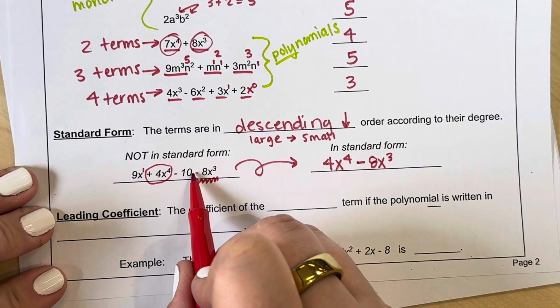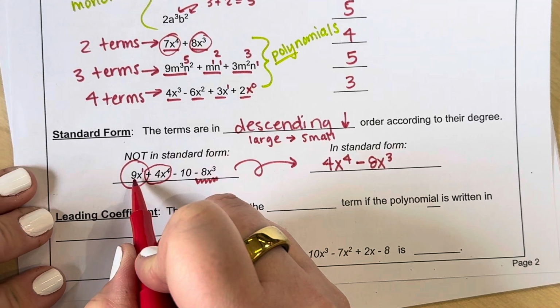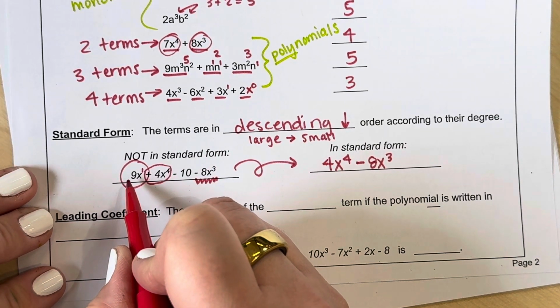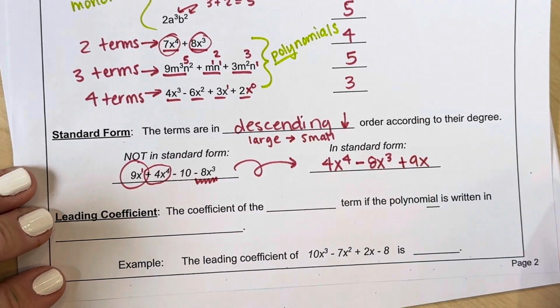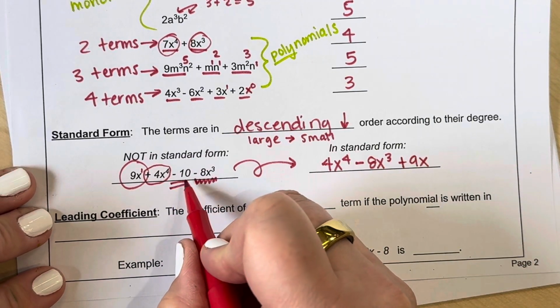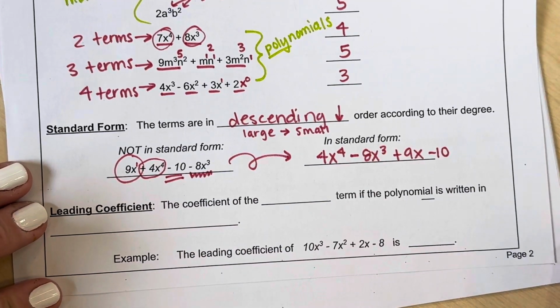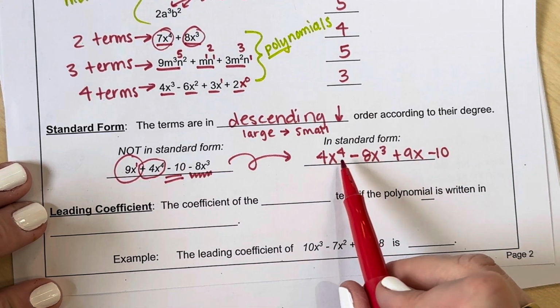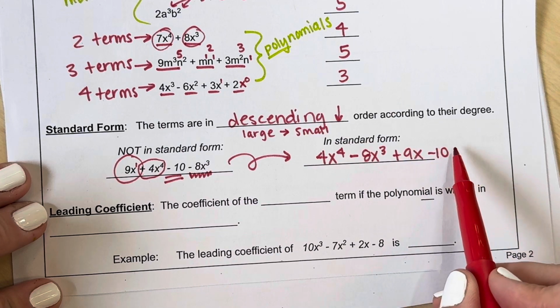Next largest, 0 and 1, that would be 1. In front of this is nothing, which implies it's positive. So I'm going to write plus 9x. And then finally, minus 10, our constant at the end that was a 0 power. Now this is in descending order because it goes 4, 3, 1, 0.